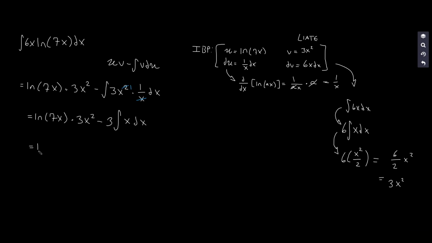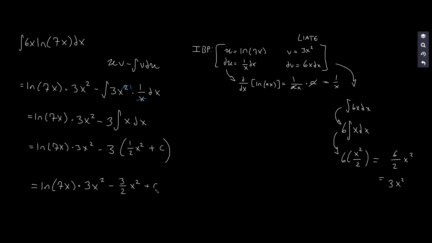So we keep going with this: the natural logarithm of 7x times 3x squared minus 3 times 1/2 x squared plus c, and that's going to equal the natural logarithm of 7x times 3x squared minus 3/2 times x raised to the second power plus c.